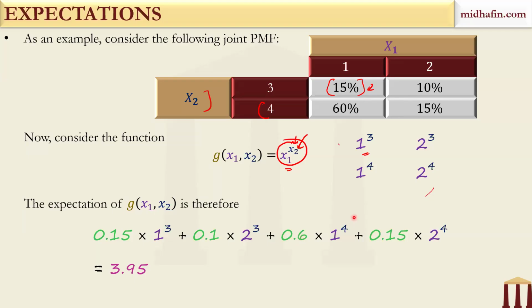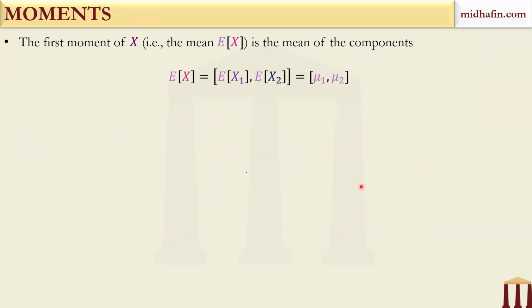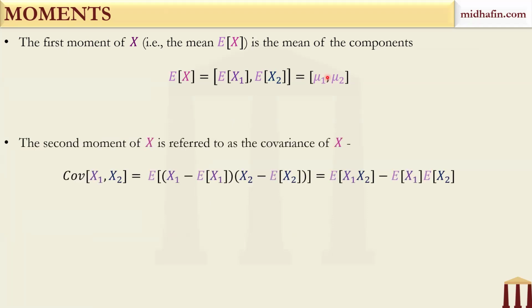So we were having these moments, and in the case of bivariate, again you have two components for the mean moment also. Now, if you remember, for univariate we had variance, the measure of dispersion. In this case, we have covariance between two components.